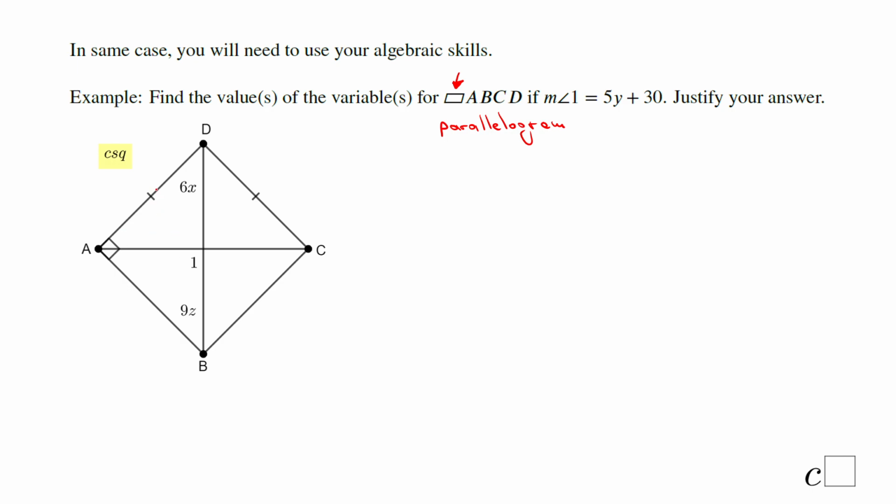This is a special parallelogram. It's a parallelogram that has two consecutive sides congruent. So that means it's a rhombus. Moreover, what kind of rhombus is this one? It's a very, very special rhombus. It's a rhombus that has all angles congruent, so that will be a square.